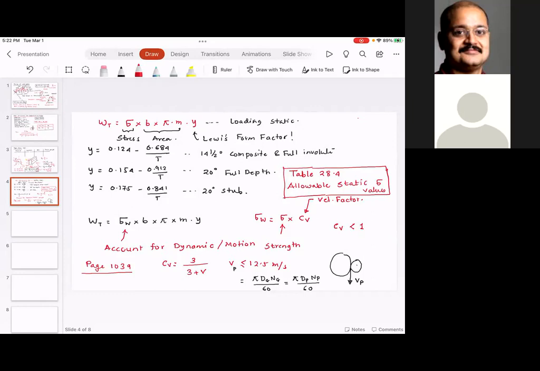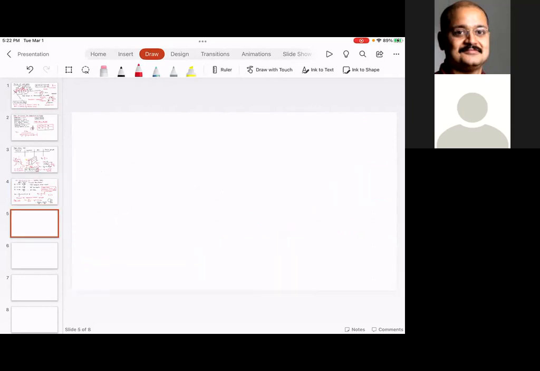So basically, I will write this note again. Sigma O for steel is equal to sigma ultimate divided by 3. Do you agree with me? Or sigma U divided by 3?